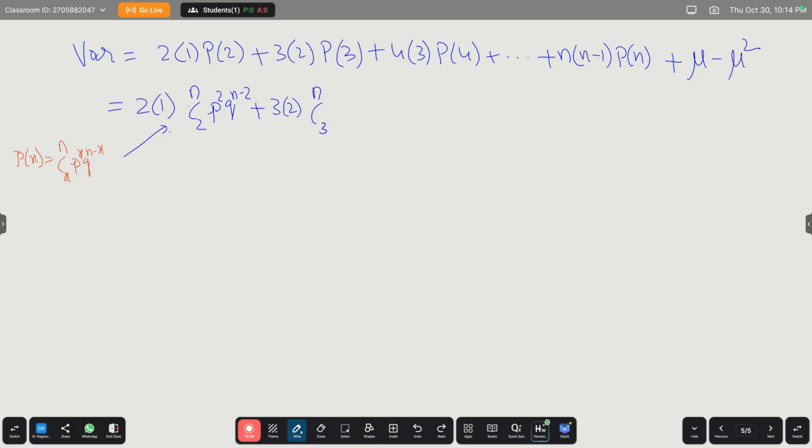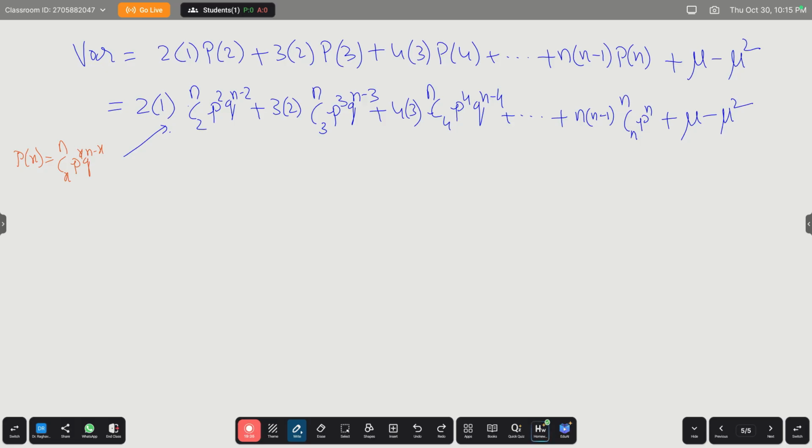So nc3 p power 3 q power n minus 3, plus 4 into 3 into nc4 p power 4 q power n minus 4, and so on, n into n minus 1 into ncn p power n, q power n minus n is 0. So plus mu minus mu square.